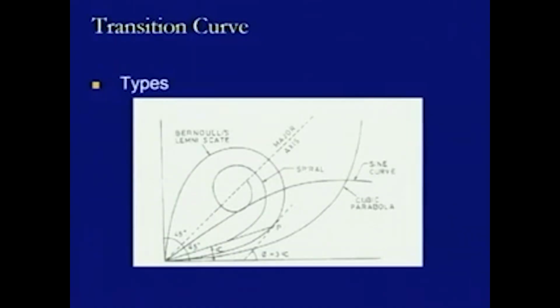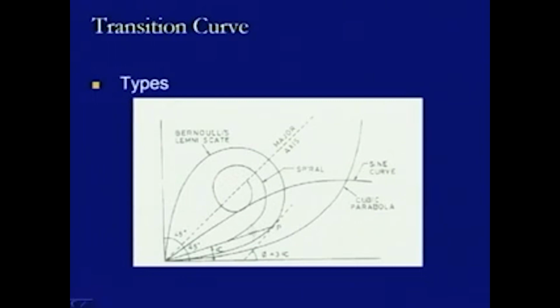Now, we look at some of the types of transition curves. Here in this diagram, the different types of curves have been shown, and we will be discussing these types of transition curves, not the circular curves, in detail in the coming slides. Here we have shown a Bernoulli's lemniscate. Then we have a spiral.